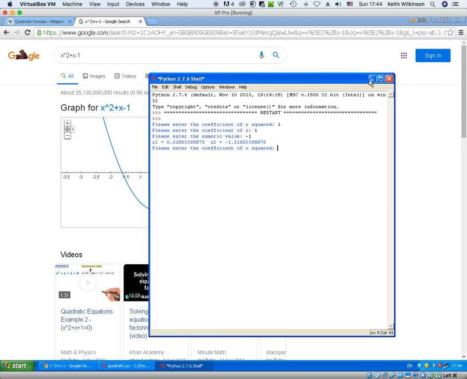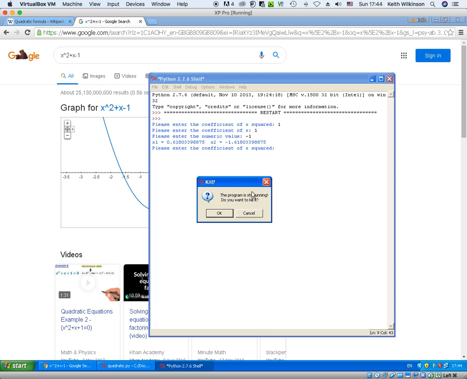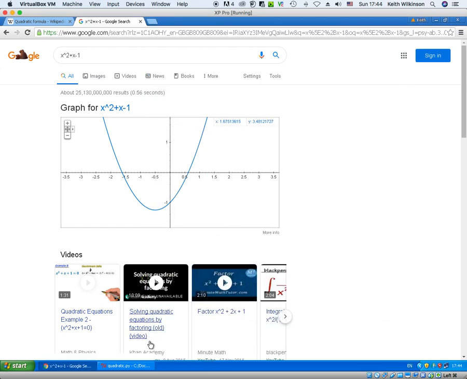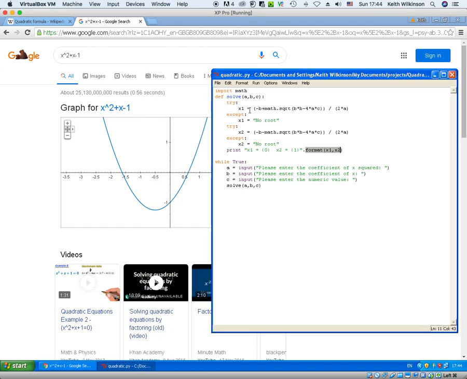One thing that I'm just going to finish off with, it would be nice if instead of asking for A, B and C here, we could just ask for the quadratic equation. They put the equation in, and actually that is probably the hardest program to write, because there are so many different ways to write a quadratic.